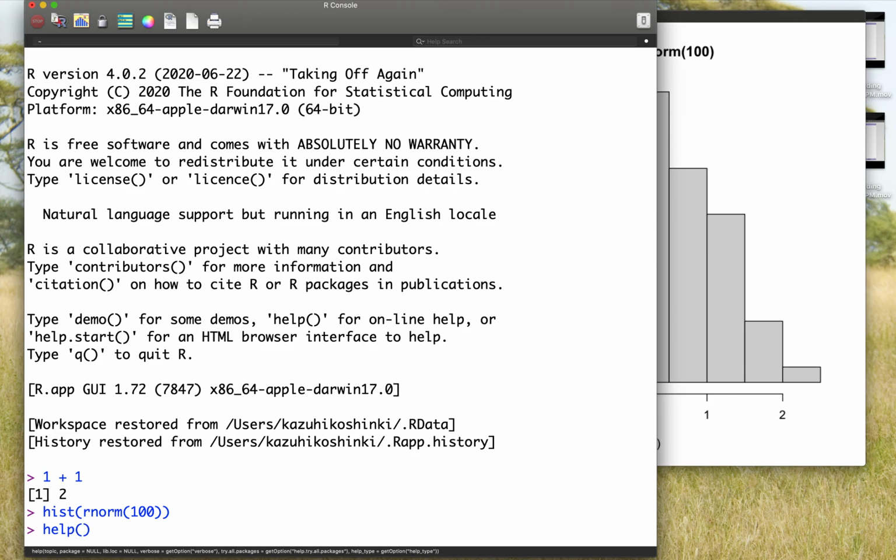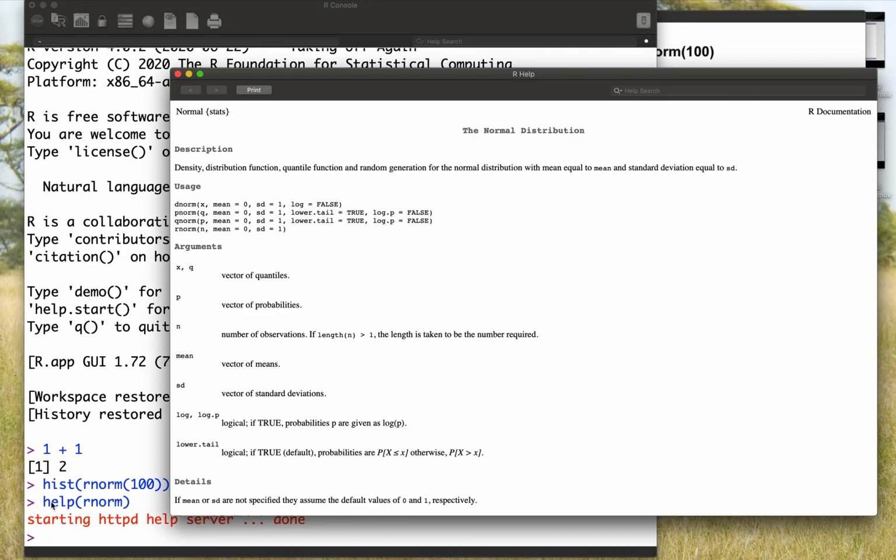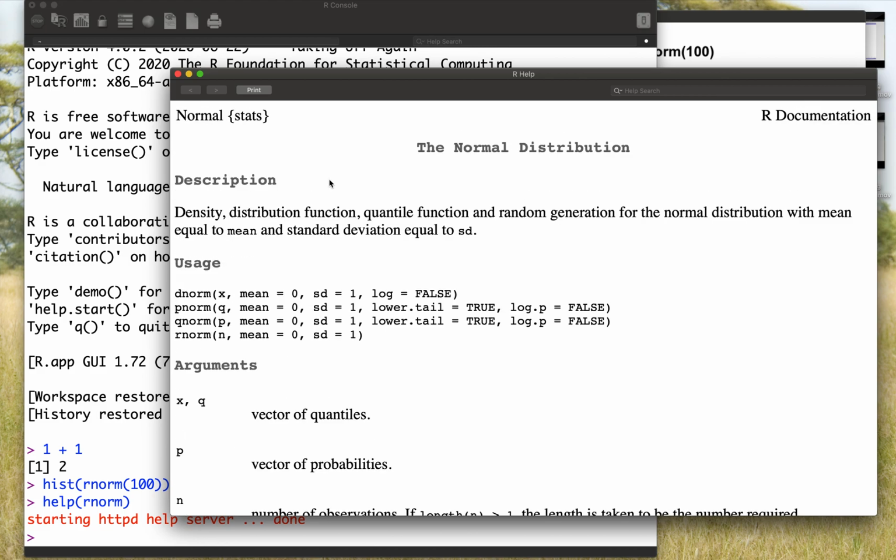Also, another window may explain some functions. For example, what is the rnorm function? If we type help(rnorm), then the explanation appears in another window. rnorm actually generates random numbers which follow the normal distribution with mean 0 and standard deviation 1.